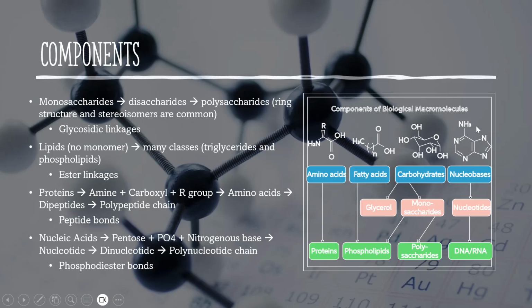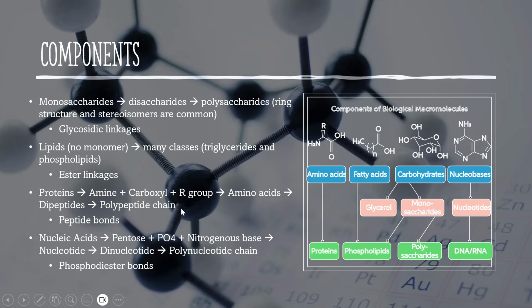Nucleic acids over here. Nucleobases are a part of nucleic acids. You have your pentose sugar. You have your phosphate. You have your nitrogenous base, which depends on which type of nucleic acid you're going to be looking at.